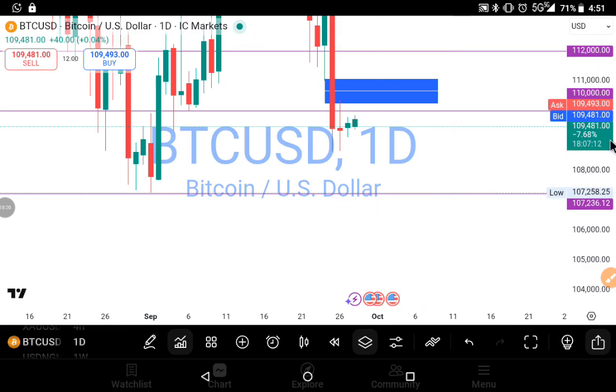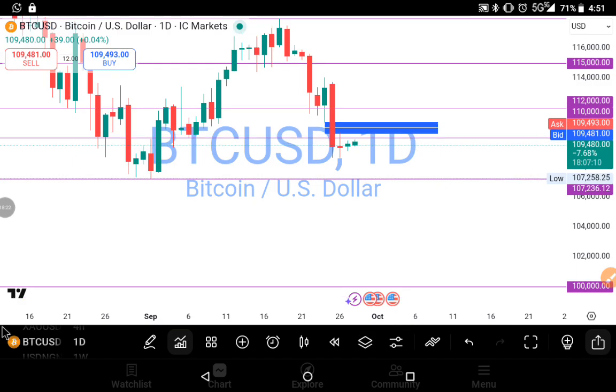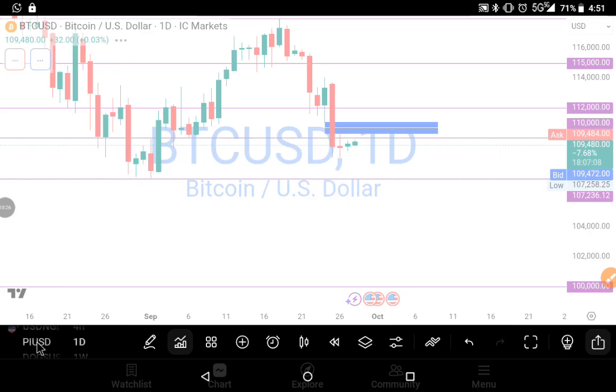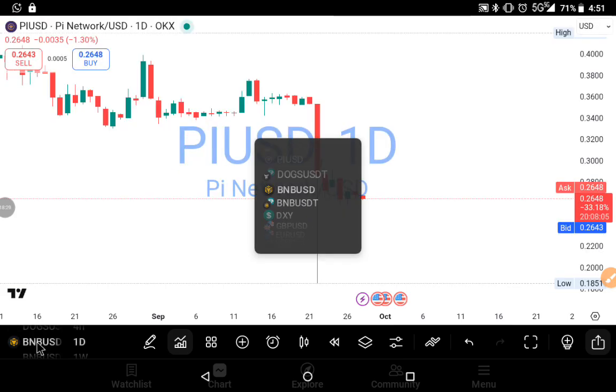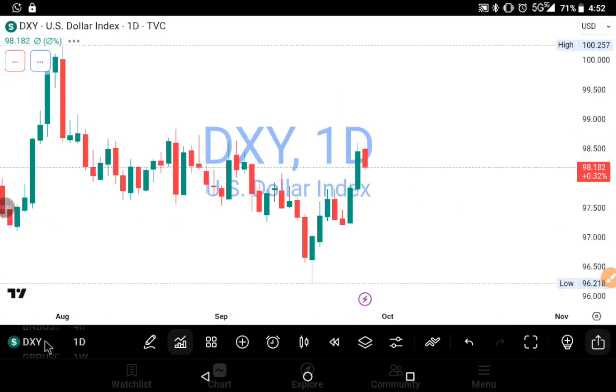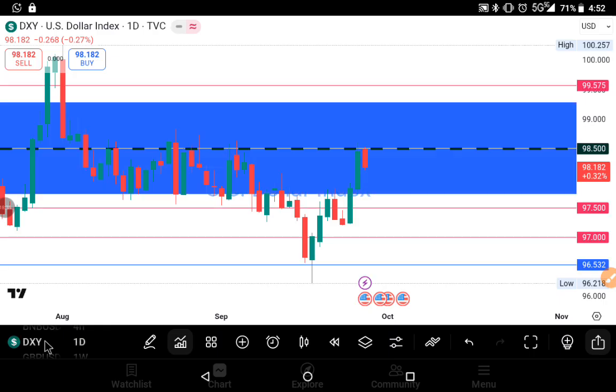A quick disclaimer before I leave: I am not a licensed financial advisor. Trading the forex market comes with a lot of risk, and you should know your risk appetite before venturing into it. Most of all, the most important of all is to have the necessary knowledge, because unlike how social media portrays forex, it is never a get rich quick scheme, but it is a must get rich if you have the necessary knowledge.